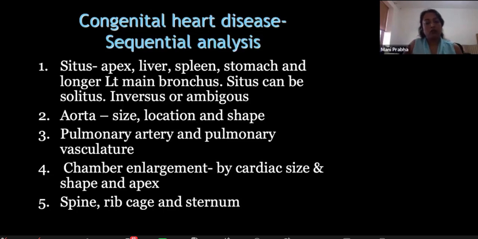First we assess the situs, where the apex is and whether the cardiac positioning is normal or not. Apex is usually on the left side, liver on the right side, spleen on the left side, stomach on the left side, and the left main bronchus is longer. So situs can be solitus, inversus, or ambiguous. Most of the time it is solitus.